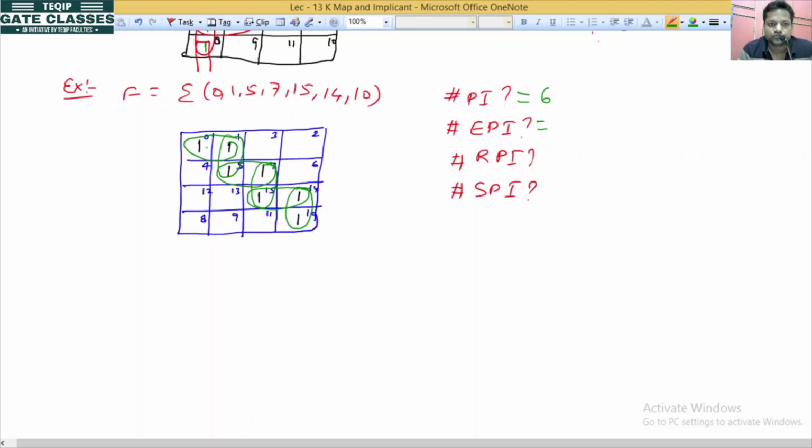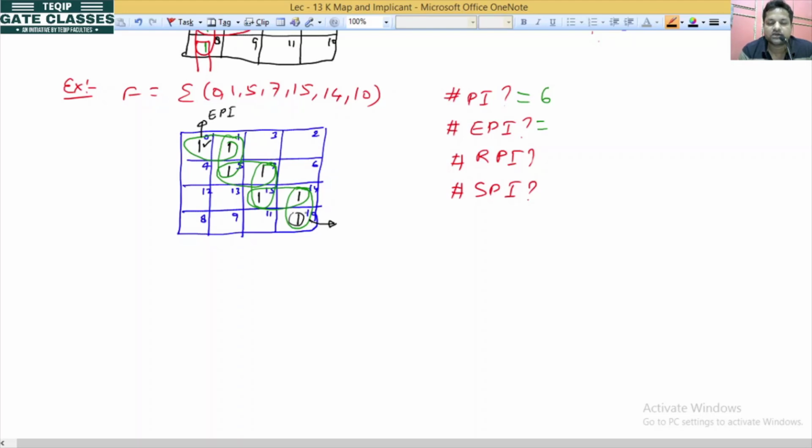How many EPI is there? EPI is a PI in which at least one cell is not covered by other PI. So if you consider this one, then it is not covered by any other PI. So this is called EPI. This group is EPI. Now go for this.